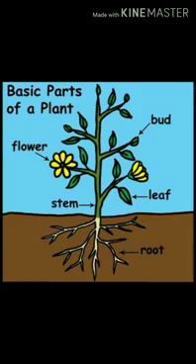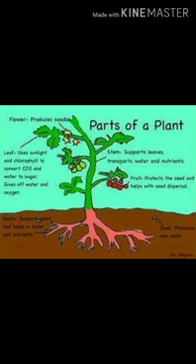It carries water and minerals through the stem. What does it carry? Water and minerals to the leaf, so that the leaf can prepare or cook its own food with the help of water and minerals.